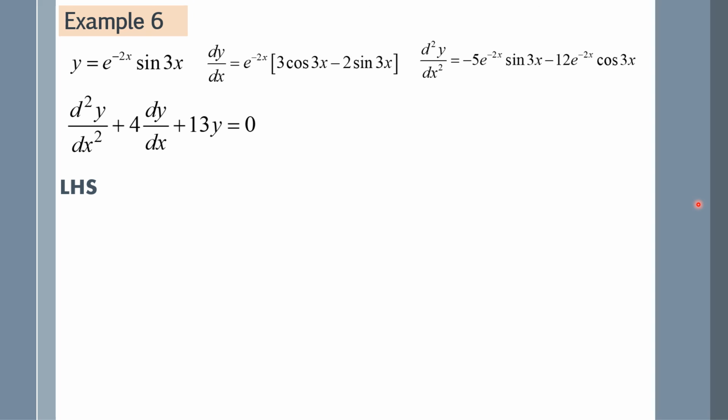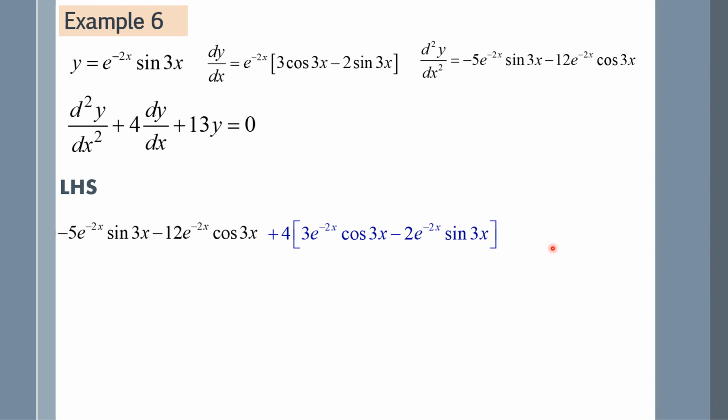After that, plus 4 times dy/dx, which we expand to get 3e^(-2x) cos 3x minus 2e^(-2x) sin 3x. After that, plus 13y, we get 13e^(-2x) sin 3x.